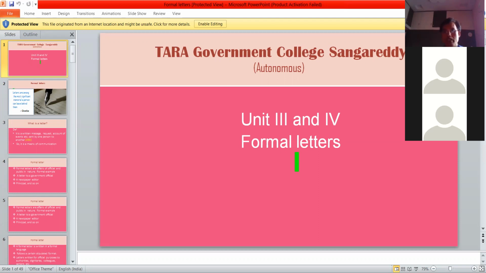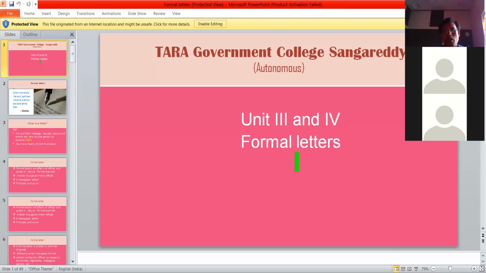So when it comes to the English language, there are two types of letters, I said: formal and informal letters. In the last unit, we discussed informal letters elaborately. Informal letters are written to friends, relatives, and parents.